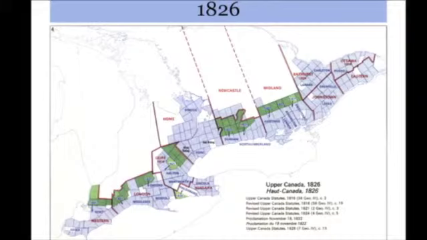8 years after Treaty Number 20, we start to see the surveys encroaching on lands that are now within Treaty Number 20. If we go to the next map, please.